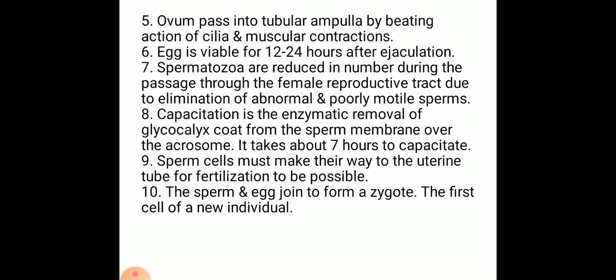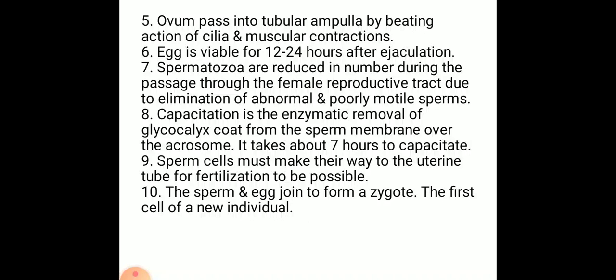Capacitation is the enzymatic removal of the glycocalyx coat from the sperm membrane over the acrosome. Here the capacitation process takes place. It takes about 7 hours to capacitate. So how long does the capacitation process need? It takes 7 hours.